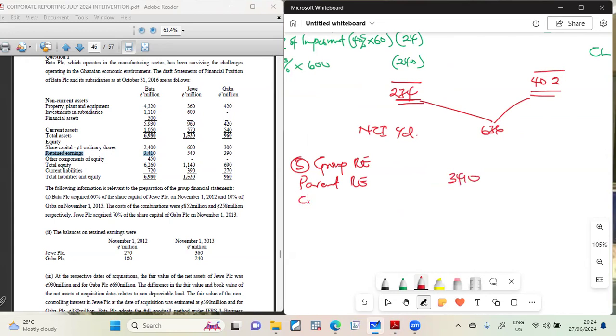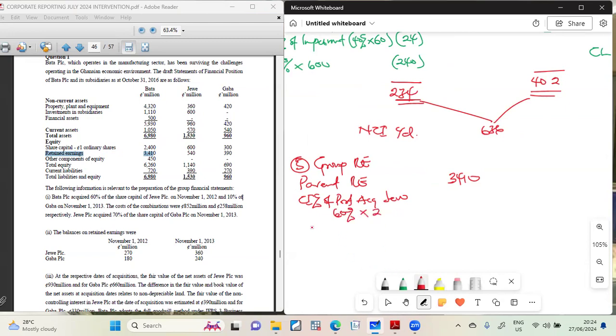Then the CI share of post-acquisition in those two. So CI share of post-acquisition, we will do for Jerry, which is 60% of, was it 270, right?